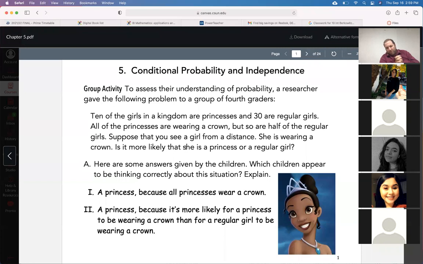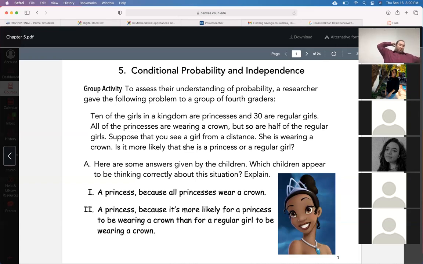Nobody? Okay, whatever. Maybe like other ladies or something. Other ladies. The other ladies. Right? So all of the princesses are wearing a crown, but so are half of the other ladies. Suppose that you see a girl from a distance. She is wearing a crown. Is it more likely that she is a princess or another lady? That's the question.